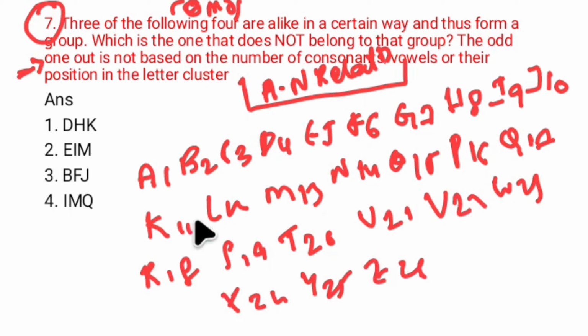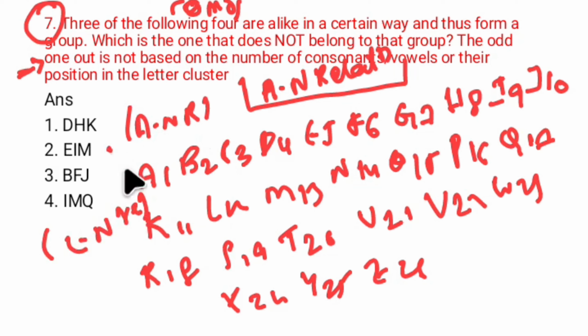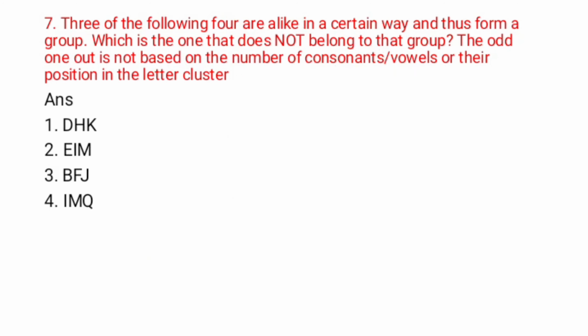So here 1 and here 26, if we add, the sum is 27. So here 2 and it is 25. So AZ, BY, CX, DW, EV. These are opposite pairs.